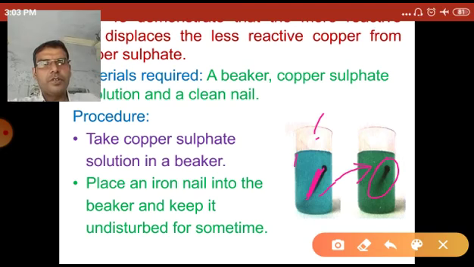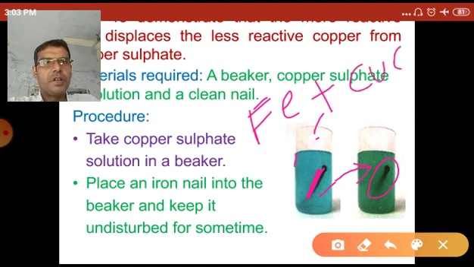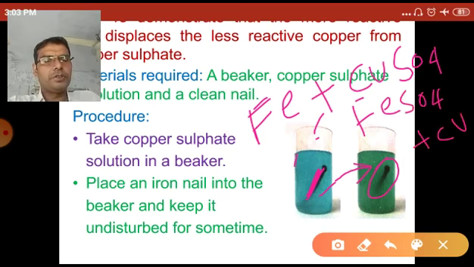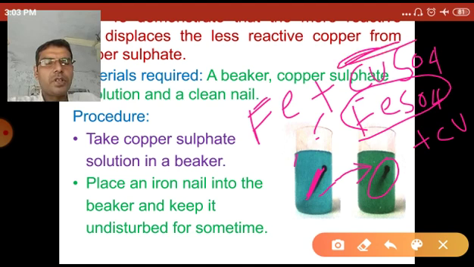Why does this happen? Because iron is more reactive than copper, iron displaces the copper from the copper sulfate and forms ferrous sulfate, FeSO4, which has a green color. The copper sulfate, which has a blue color, breaks down due to the displacement reaction and changes into copper, and iron sulfate is formed.